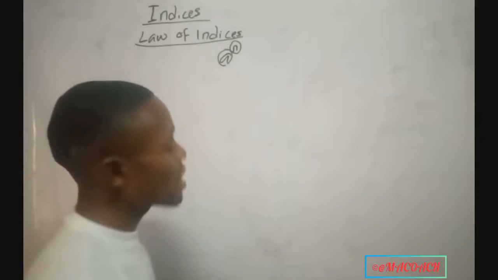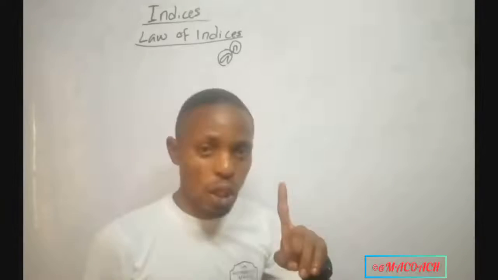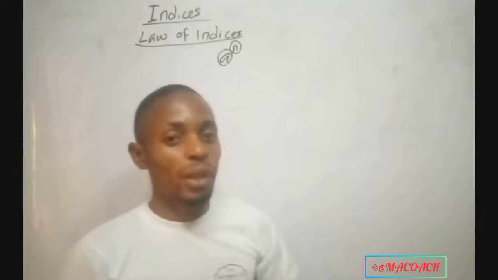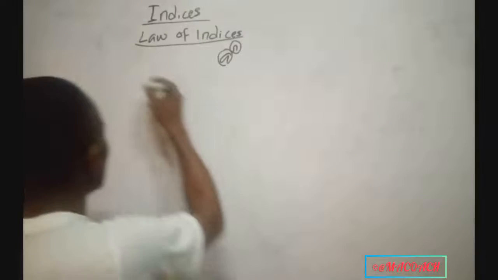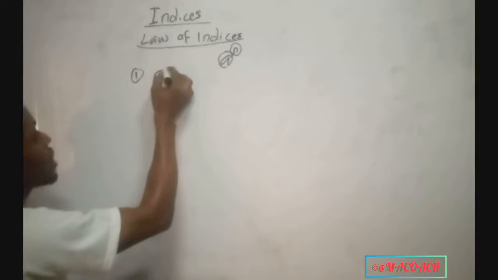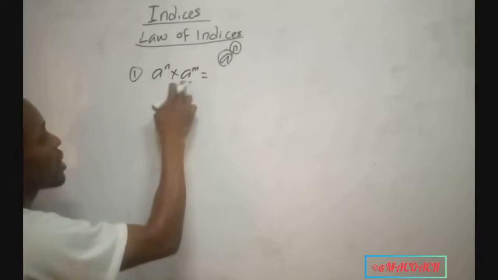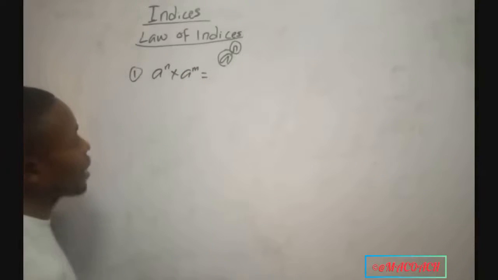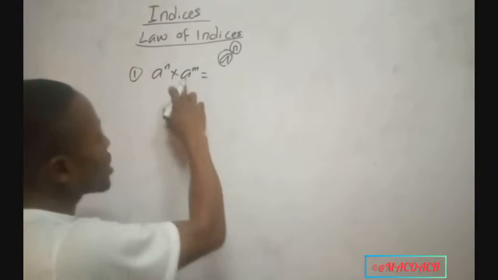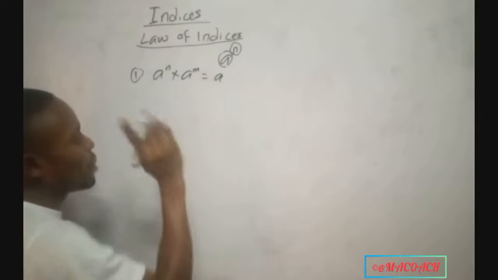I will introduce you to the first law of indices, which is the multiplication law of indices. This can be explained this way: if you have a raised to the power of n multiplied by a raised to the power of n, since they have the same base, according to this law you take one base out of it.